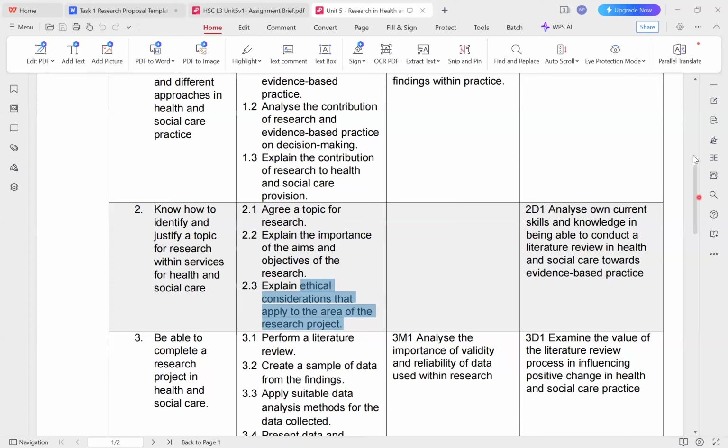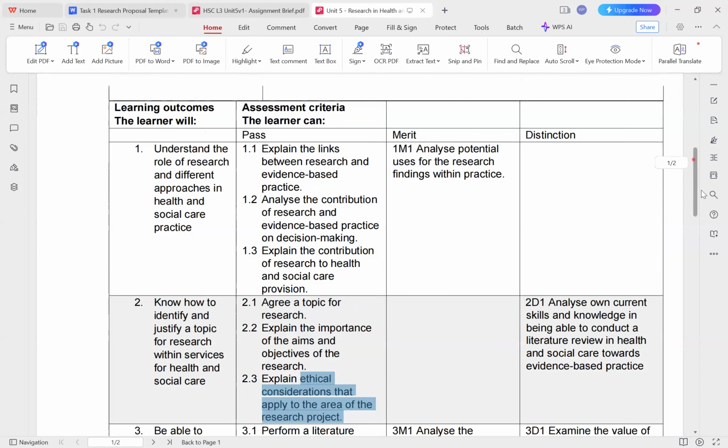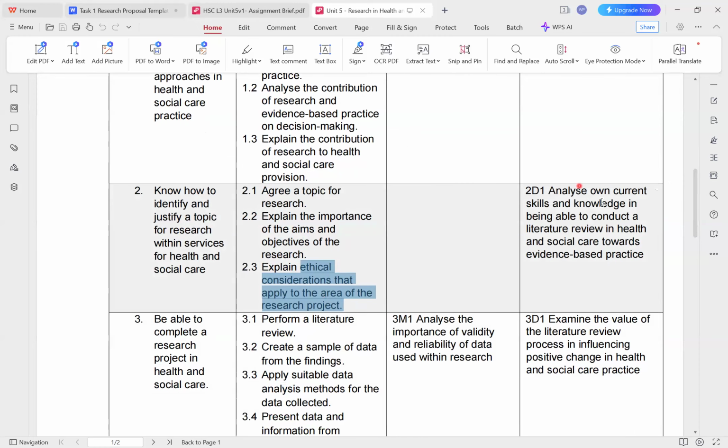This is for a pass, for instance, but if you want a distinction here, you would analyze your own current skills and knowledge in being able to conduct research, a literature review in health and social care towards evidence-based practice.